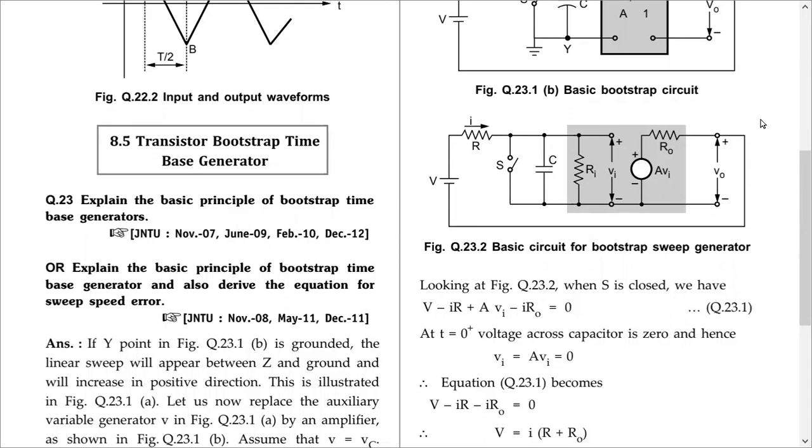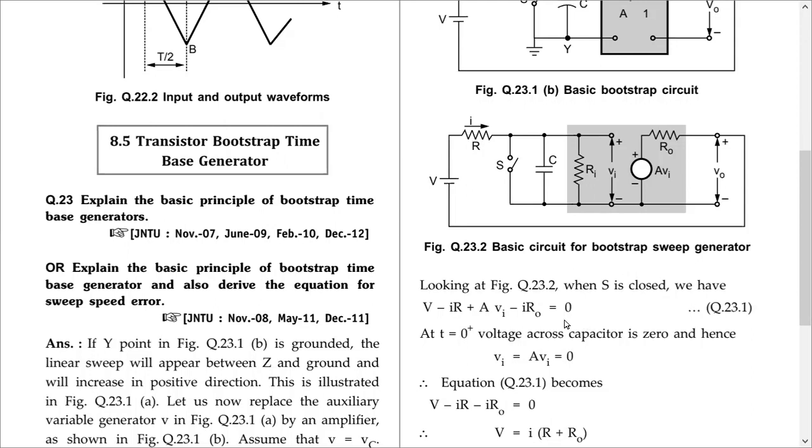And voltage across the capacitor is 0, isn't it? When we just close the switch, VI is also 0, isn't it? I told you voltage across a closed switch is 0. So when you close the switch, voltage across the capacitor, voltage across RI is 0, which is nothing but the input voltage. So VI is 0. Okay.